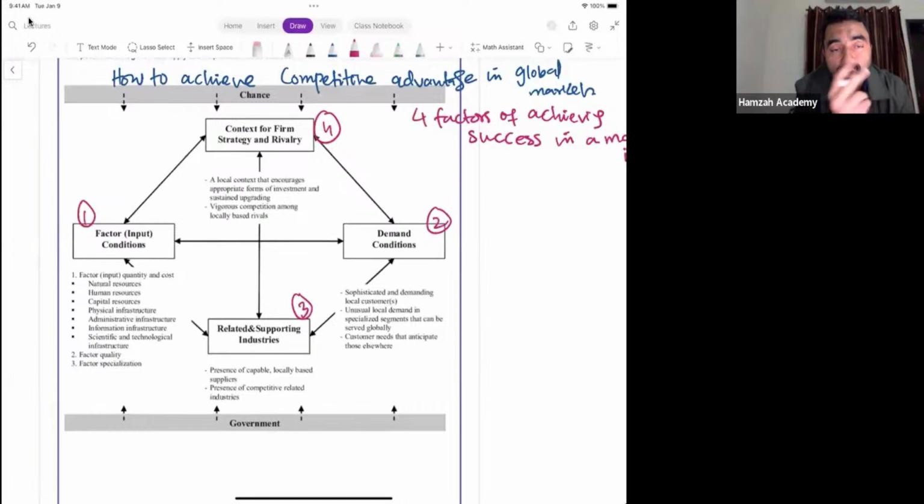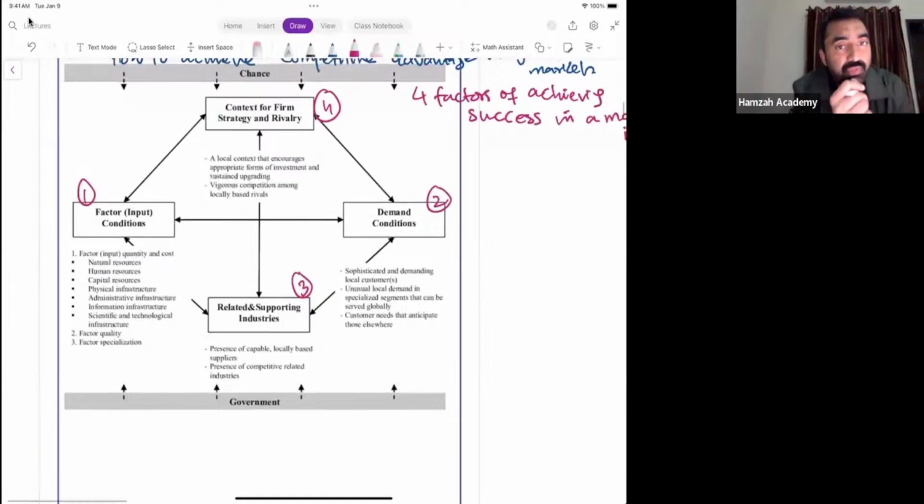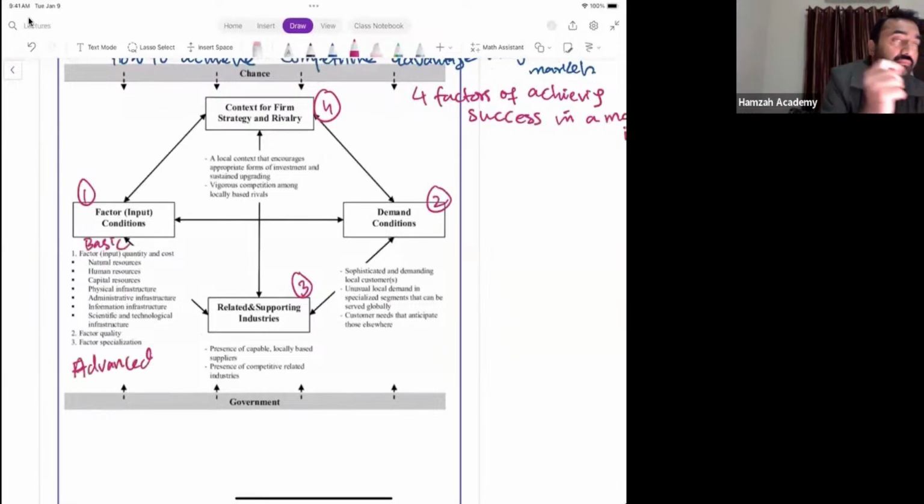Let's talk about factor conditions. So here, Michael Porter has divided factors into two types. There are basic factors, and then there are advanced factors. Basic factors are those factors which are available in the local region, local area.